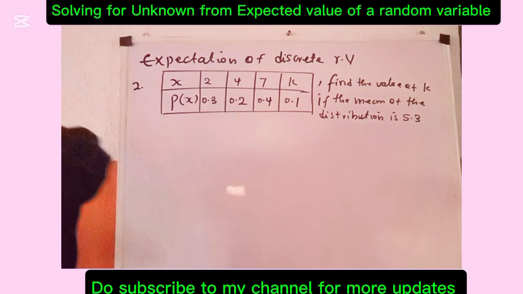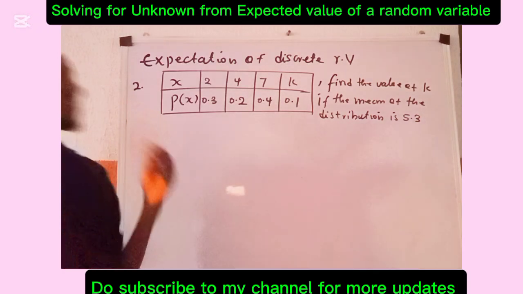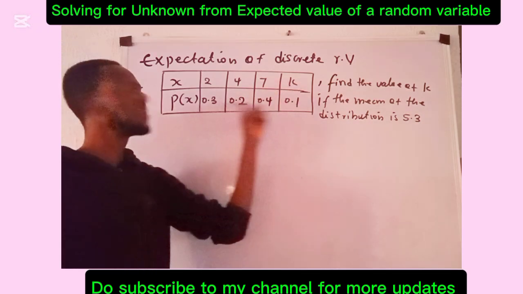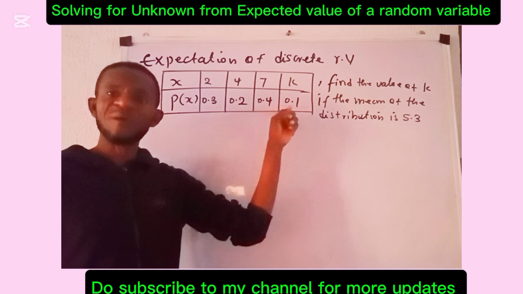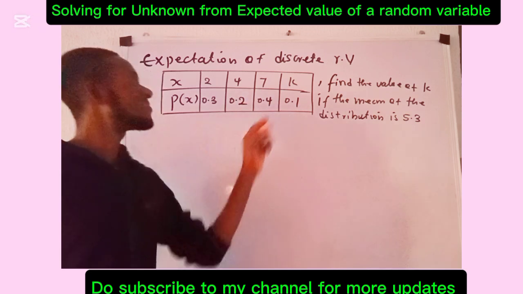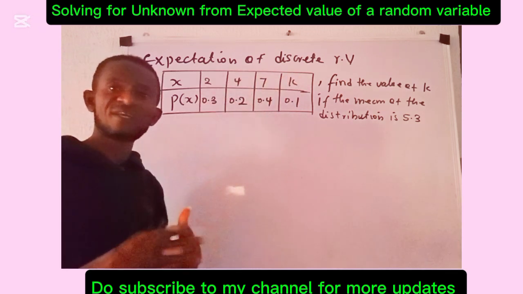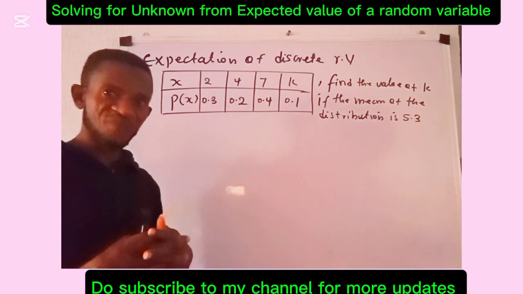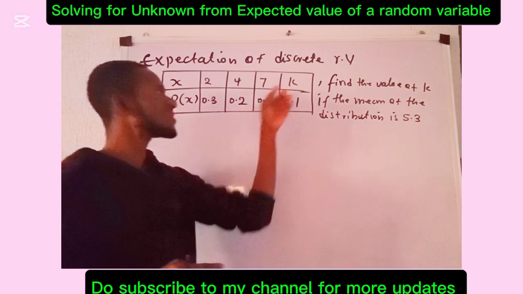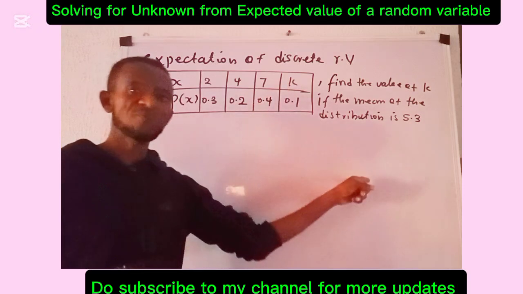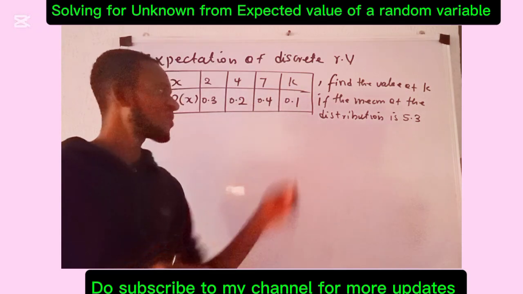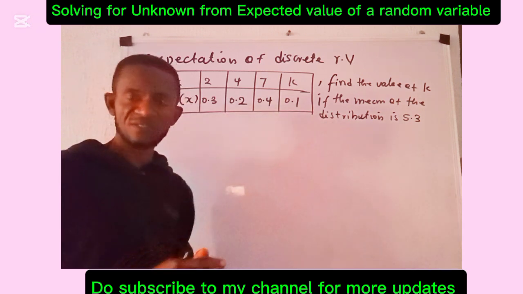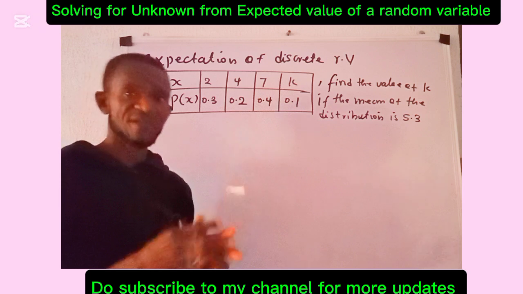So we want to approach this kind of question and see how it is solved, where instead of the unknown occurring within the row of the probabilities of the random variable, it occurred within the row of the values of the random variable. We are not going to solve this kind of problem using the third property of the PMF, because the third property of the PMF applies only to the probabilities and not to the values of the random variable.